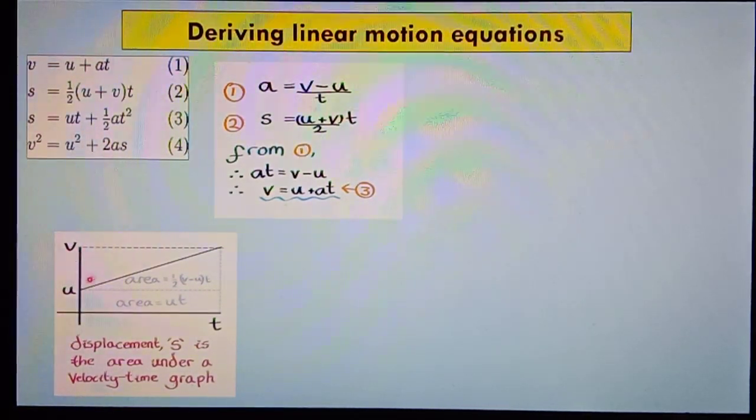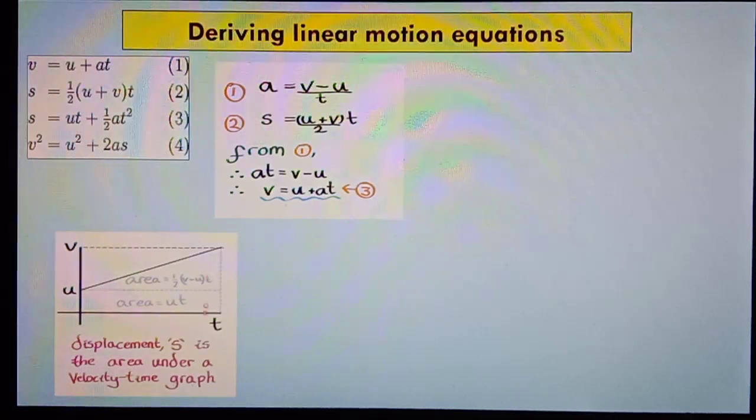Let's say we have this motion where the object started from initial velocity u. At time t, it will reach final velocity v. So the area under the graph is this trapezium. If you know the formula for the area of a trapezium, you can use it straight away.